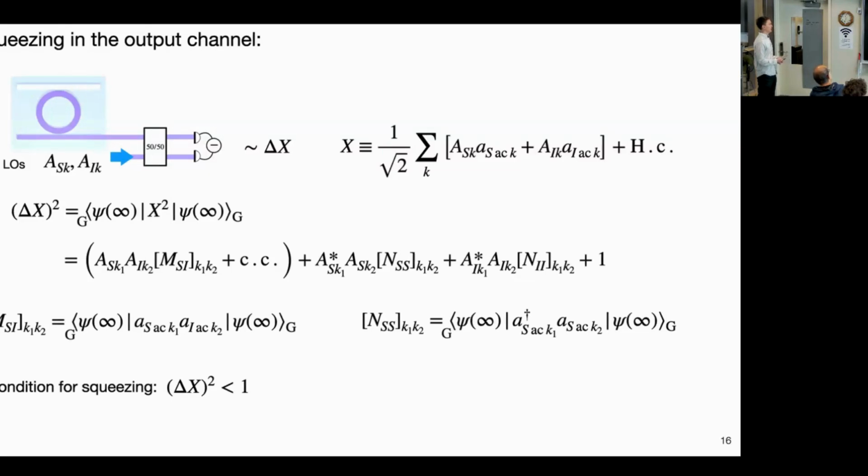If there was no phantom channel, the way you would choose your local oscillator is by doing a Schmidt decomposition of your squeezed state, and then you would choose the local oscillator to have the same shape as the first Schmidt mode.